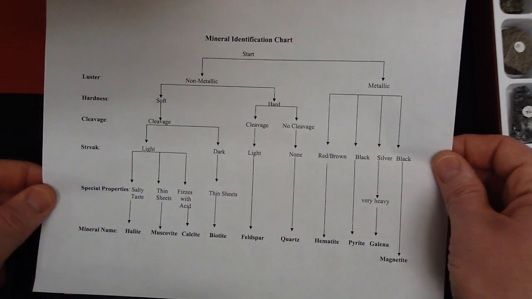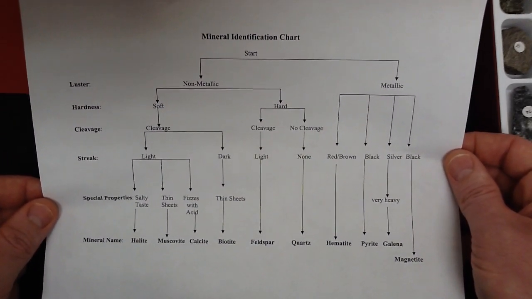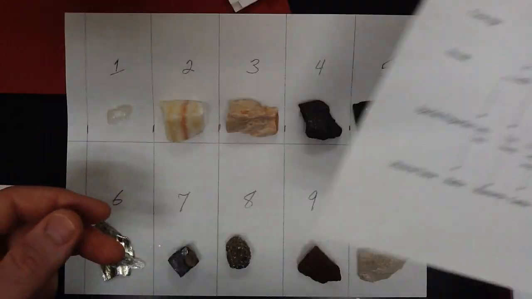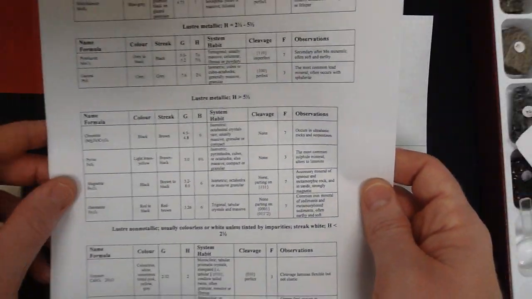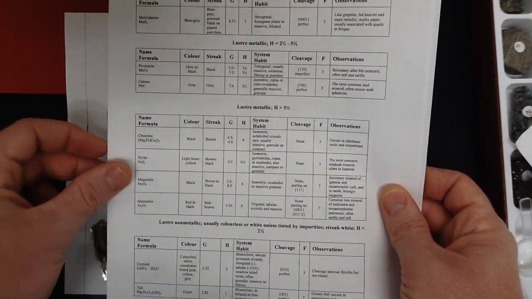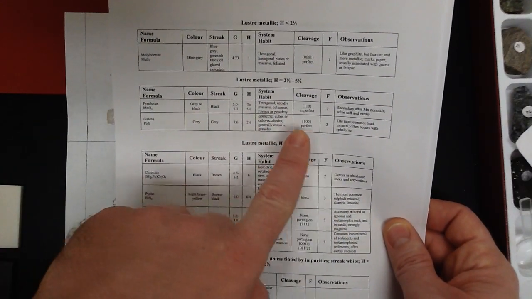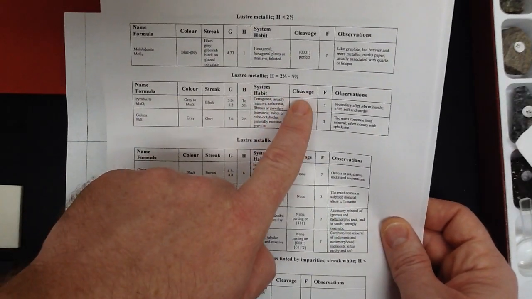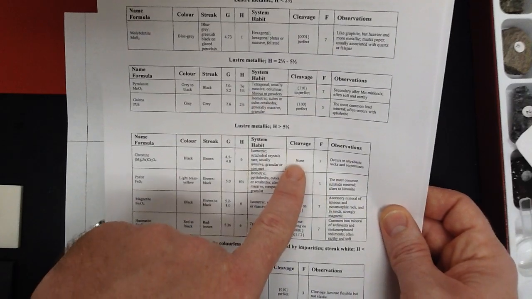I will also post the mineral identification chart, which should help you with this specific lab. It really only has the information for these particular minerals. I will also post a more inclusive mineral chart that shows you many of the common minerals and has some really detailed information about their hardness, their specific gravity, system habit, which is crystal shape, their cleavage if they have any or if it's none.